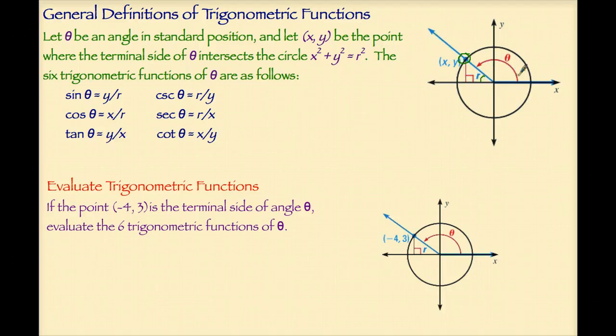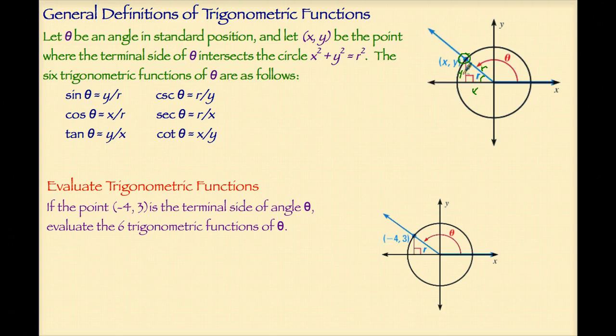This angle corresponds to the angle theta, and the lengths of the sides of this triangle are x, the horizontal distance, y, the vertical distance, and the hypotenuse is r, the radius of the circle. With these three lengths, the 6 trigonometric functions of theta are as follows.